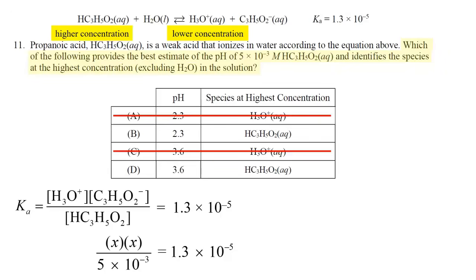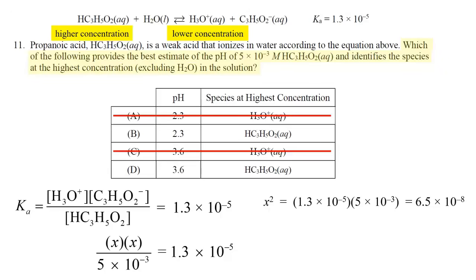So that would be X and X. And I've already mentioned how we use that simplifying assumption that the minus X that might appear in the denominator of this expression is small enough that we can ignore it, to make our math easier. Let's go ahead and solve for X, and X represents the concentration of the hydronium ion in this 5 times 10 to the negative 3 molar solution of this weak acid.